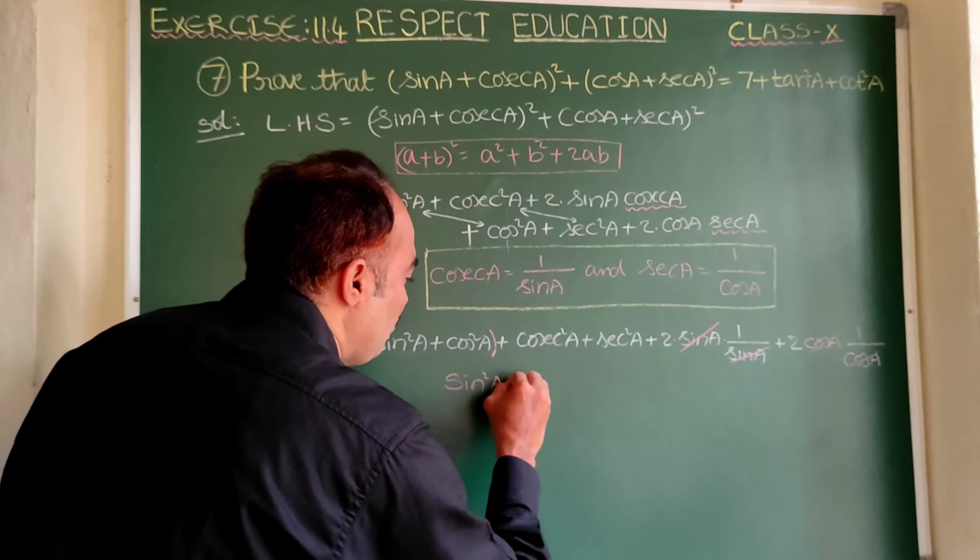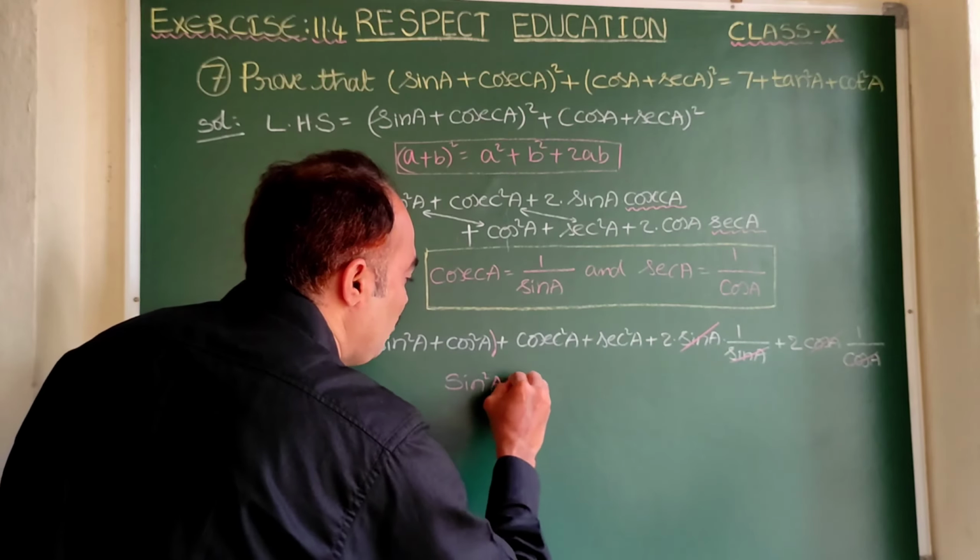And here if you write this as 1, this is 1 plus 2, 3, 3 plus 2, 5. But here in the answer we need 7. That too, here cosecant square a plus secant square a is there, but we need tan square a plus cot square a. So we need to convert cosecant square a plus secant square a in terms of tan square a and cot square a. How to write?